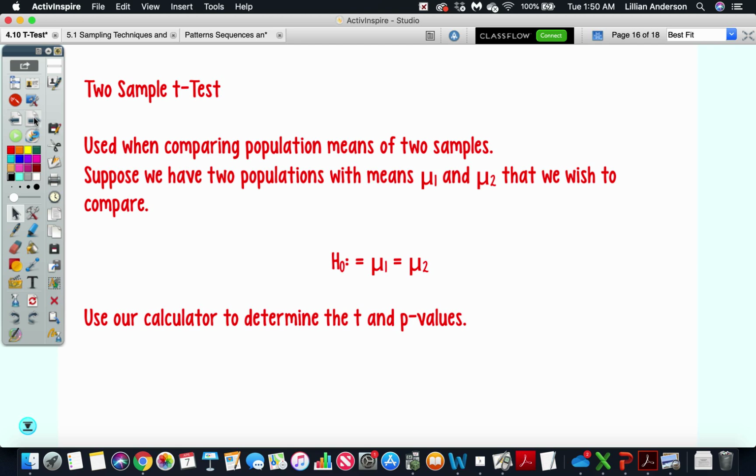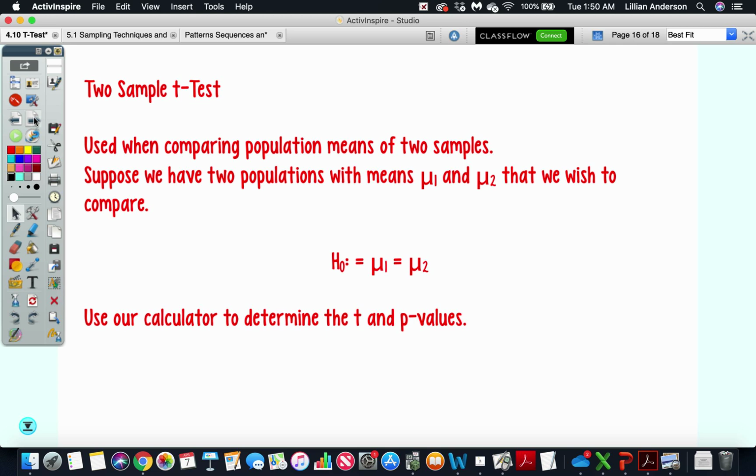Now, real quick to wrap this up, our two-sample t-test. This is used when you are comparing population means of two different samples. So suppose we have two populations with two means, and we want to compare them. This is when you would use a two-sample t-test.